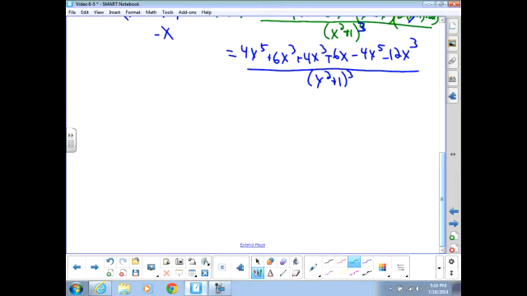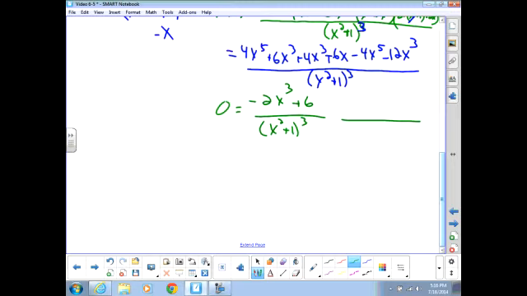If we neaten this up, the x to the fifth add to 0. The x cubed, we have negative 2. And then we've got a plus 6x. And we want to know, when is that equal to 0? Well, remember we said there's nothing that will make the denominator 0, so nothing that will make it undefined.